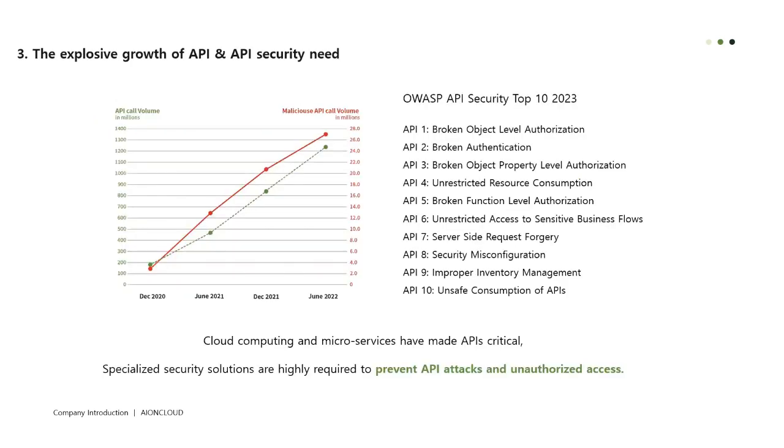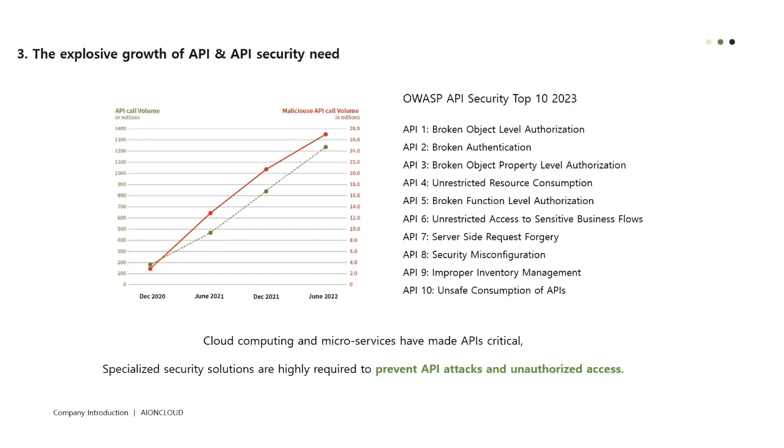And also, since there was a growth of APIs, there is also a growth in the security need to secure them. So in 2013, OWASP released a top 10 API security list that should be addressed by companies.